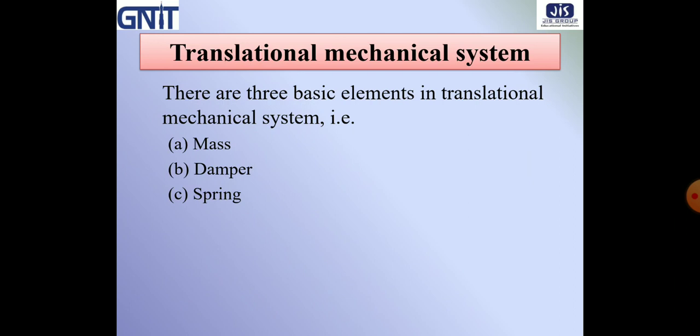Now, first is the translational mechanical system. In translational mechanical systems, there are three types of basic elements, that is spring, mass and damper. In our next slides, we will discuss these three basic elements and the force generated by them.